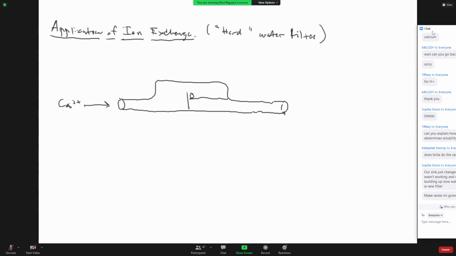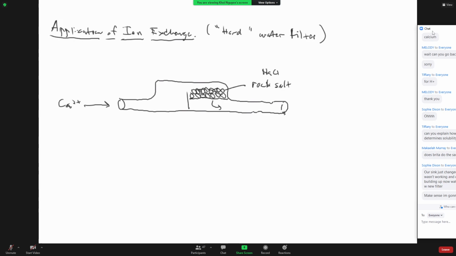There's a physical filter and there's a bunch of rock salt. So this is just your rock salt in there. And what ends up happening is that calcium will bind. So this is sodium chloride.